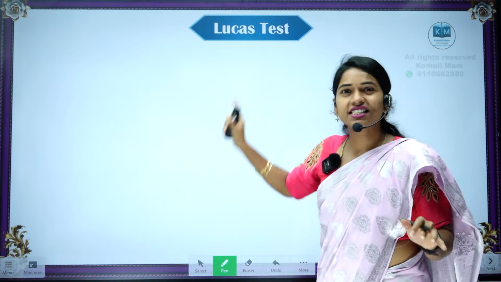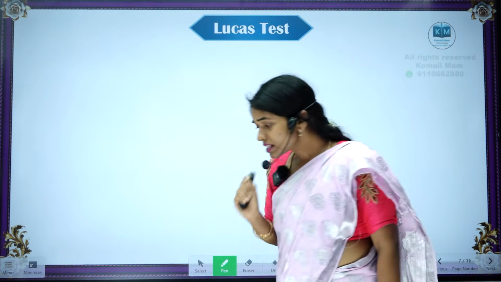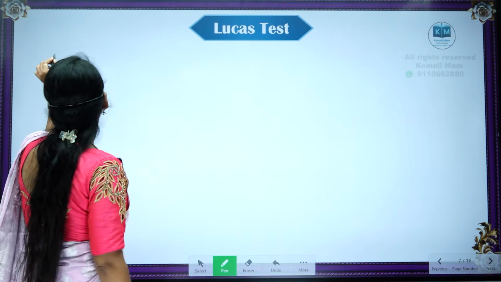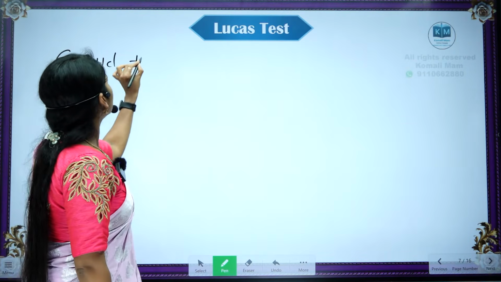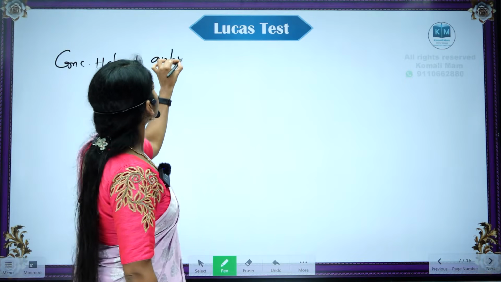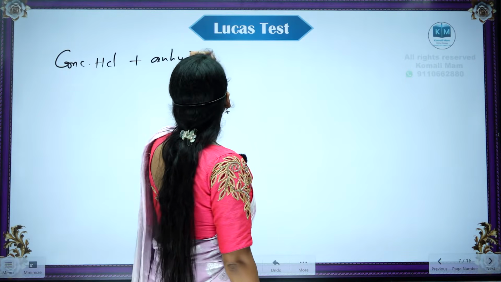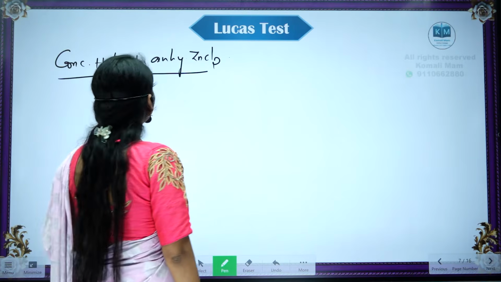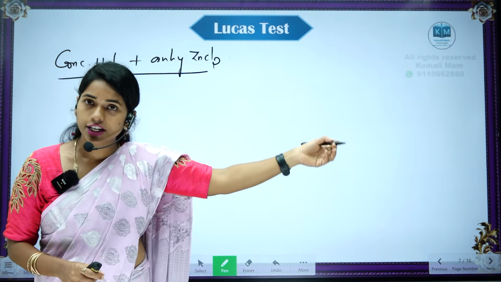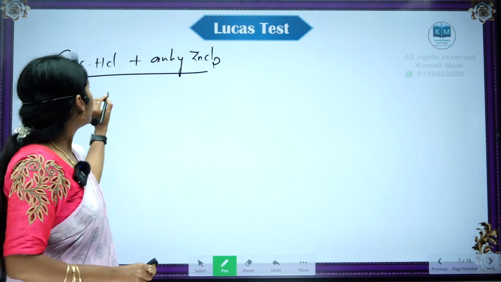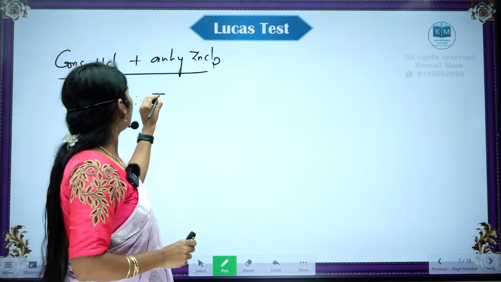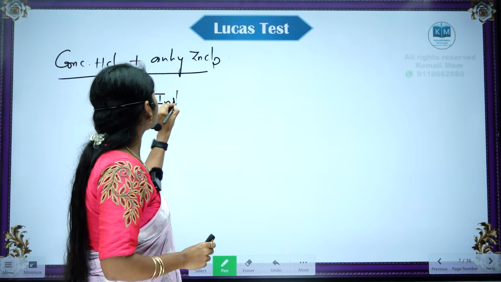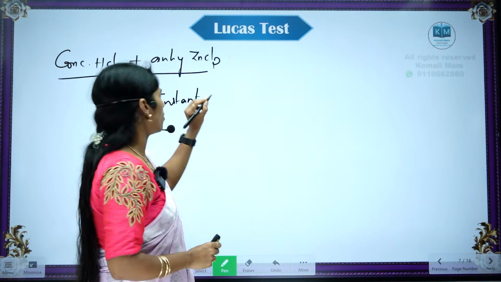The last test is the Lucas test. What is this Lucas test? The reagent is concentrated HCl plus anhydrous ZnCl2. This is the Lucas reagent. If you add this Lucas reagent to alcohols, if it is a tertiary alcohol, the turbidity will be immediate, instant turbidity will be formed.